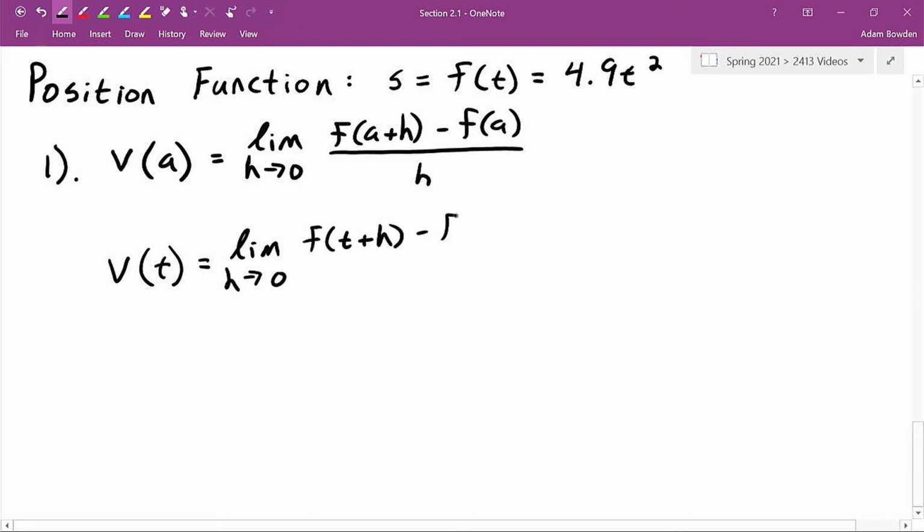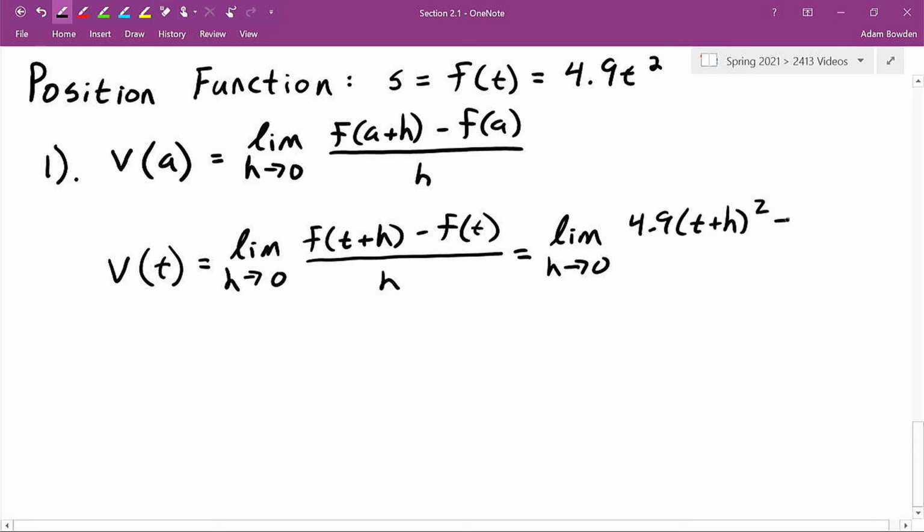So it looks something like this. And we're going to use our position function up above, and I'll rewrite it as the limit as h approaches 0 of 4.9 times t plus h squared minus 4.9 t squared all over h.